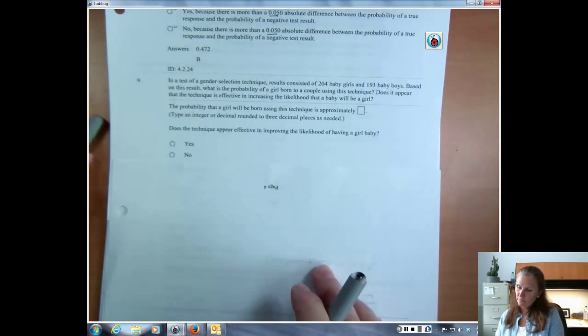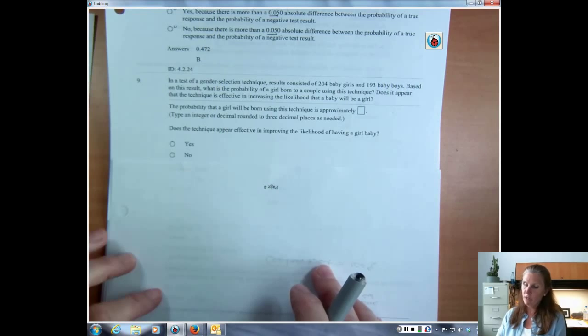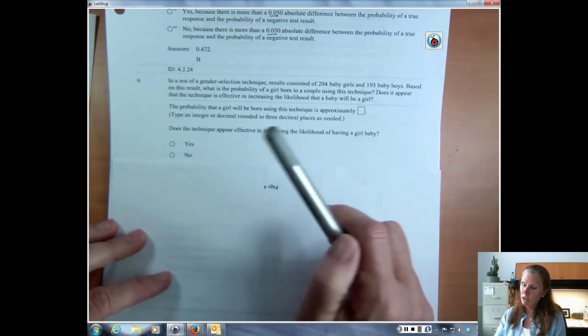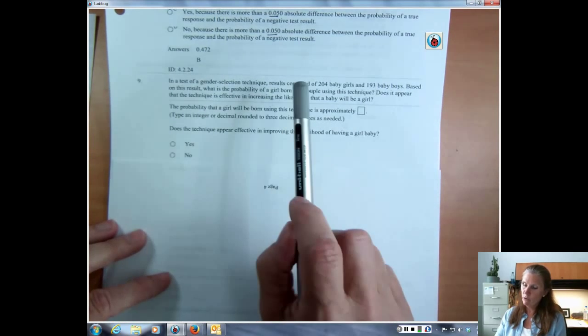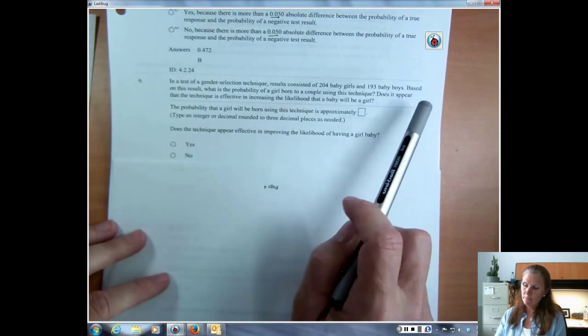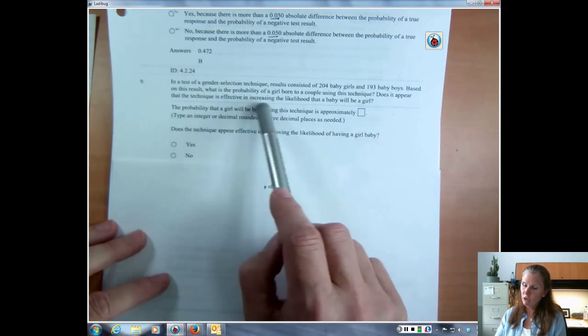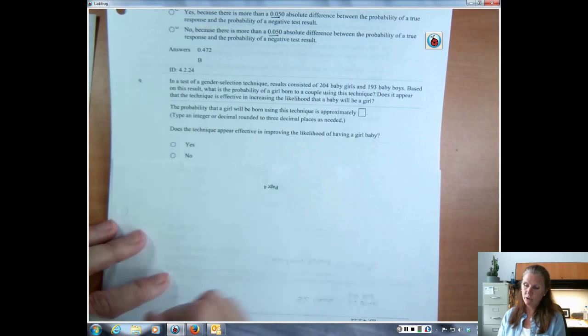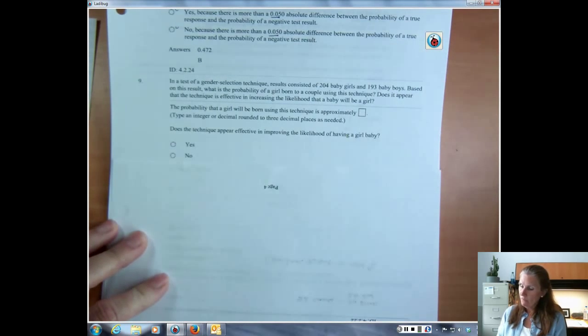Okay. Number 9. In a test of a gender selection technique, results consisted of 204 baby girls and 193 baby boys. Based on this result, what is the probability of a girl born to a couple using this technique? Does it appear that the technique is effective in increasing the likelihood that a baby will be a girl? Well, we need to figure out how many babies there were in this little project.